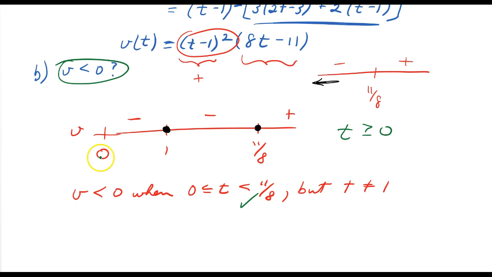And there is no 0 of the velocity at t equals 0, hence that less than or equal to right there is correct. 11/8, however, there is a 0 of the velocity, as we discovered. So this answer right here is a good one. Let's move on to part C.